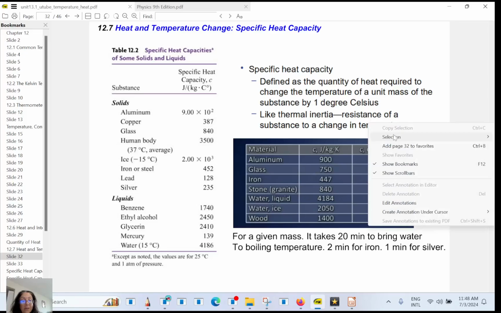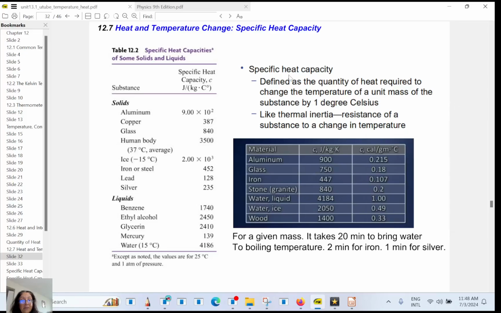So here you have the specific heat capacity for different substances. And you see here that water, you need 4,000 joules to change the temperature by 1 degree Celsius or by 1 Kelvin, because a difference of 1 Kelvin is the same as a difference of 1 degree Celsius, for 1 kilogram of water, which is about 2 pounds.